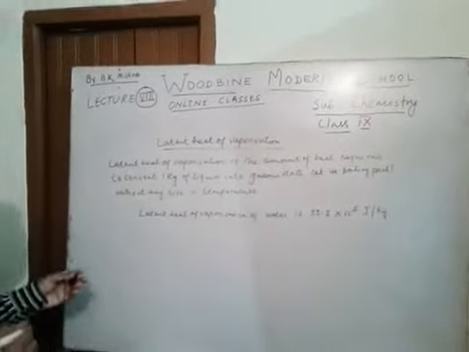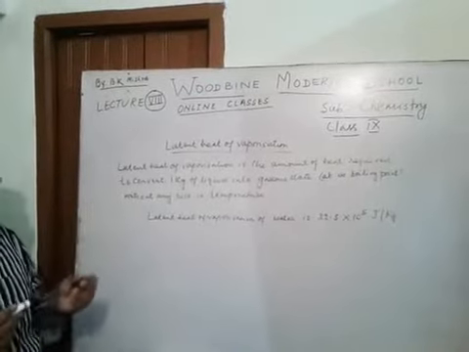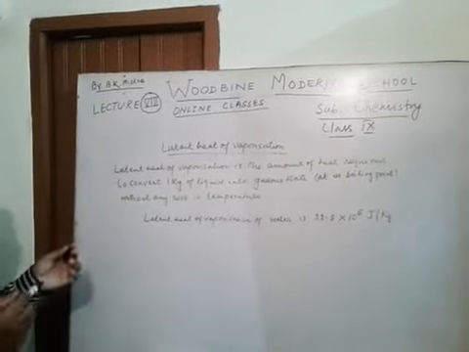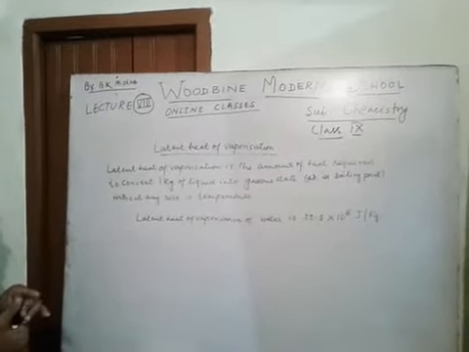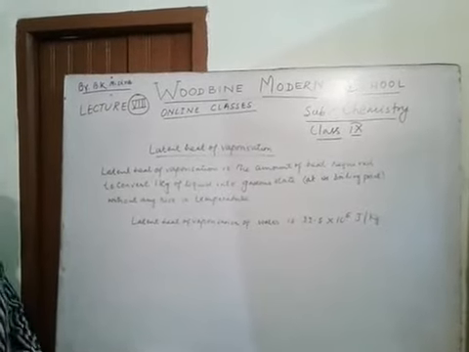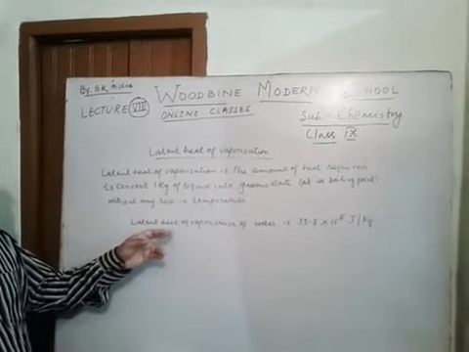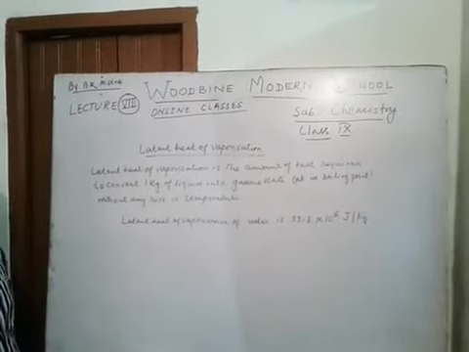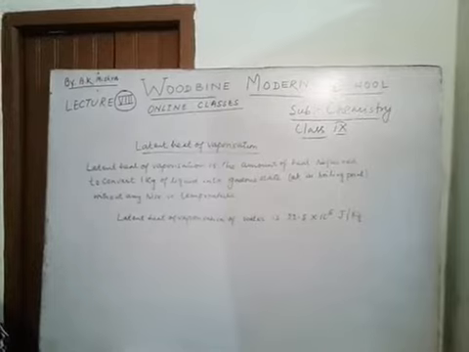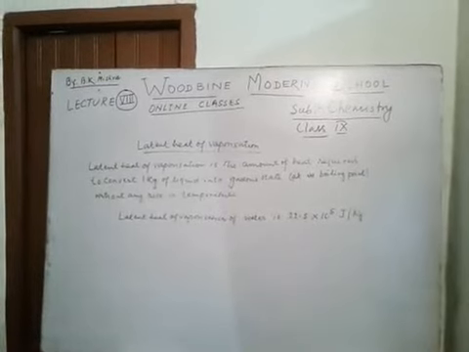So what is latent heat of vaporization? It is the amount of heat required to convert 1 kg of liquid into gaseous state at its boiling point without any rise in temperature. Latent heat of vaporization of water is 22.5 cross 10 to the power 5 joules per kg.